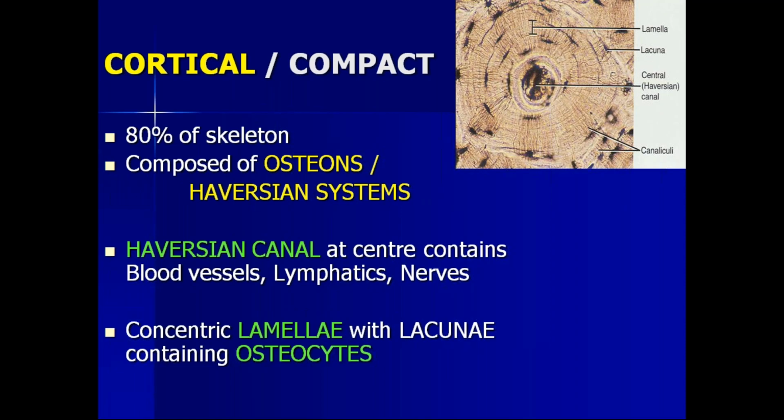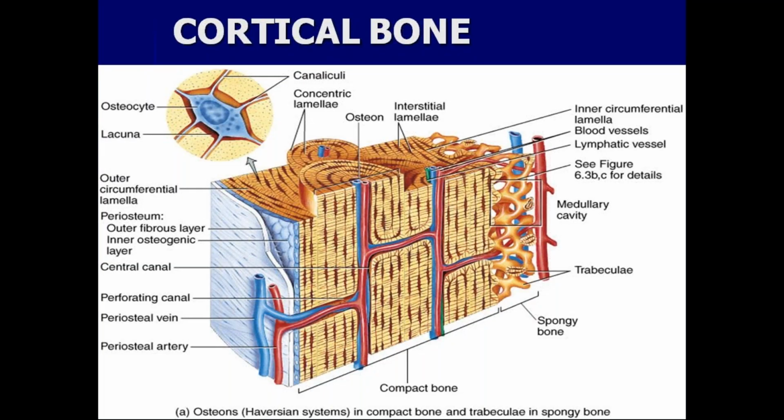Concentric lamellae with lacunae contain the osteocytes. Here you can see the interconnections between the Haversian canals, where blood supply to the bone is spread out, and you can see the concentric lamellae in a 3D structure. That is the structure of the bone.